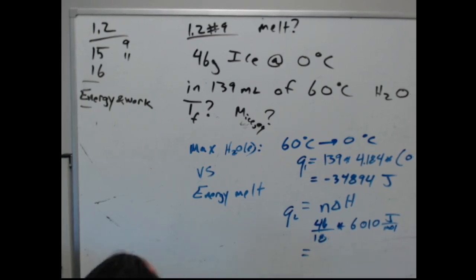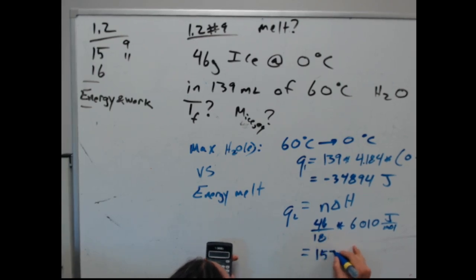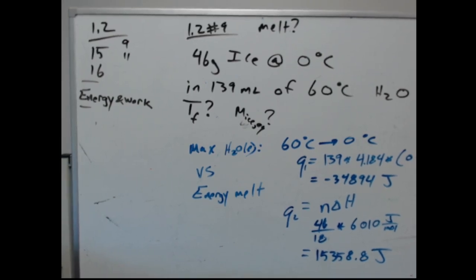The question is, which is bigger, which is smaller? So I'm going to do 46 divided by 18 times 6010. And that's going to be 15358.8 joules. So about 15 kilojoules of energy.